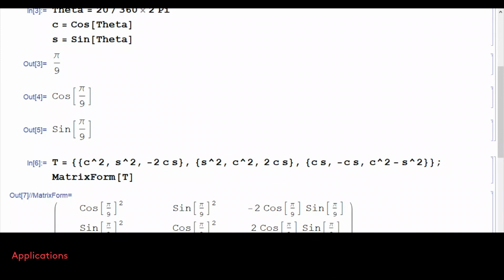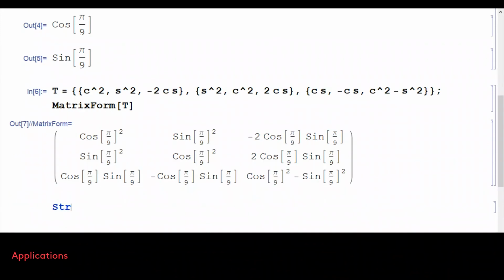Now let me write the measured strain and stress values in vector form. So the strain that is measured when the coordinate system is aligned with the fibers, I have the strain values.